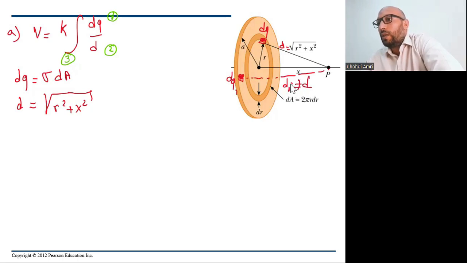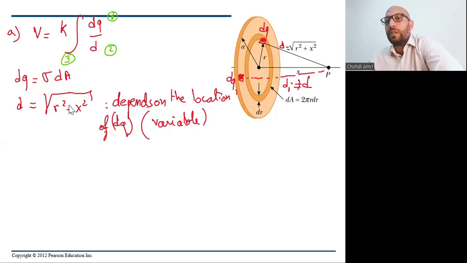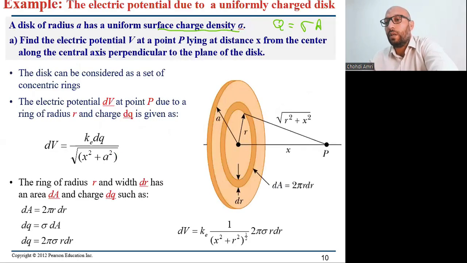So we can conclude that the distance depends on the location of dq. So it's not constant like the previous example, it's a variable. It depends on r, the location of dq. Okay, r is the distance from dq to the origin of this disk.